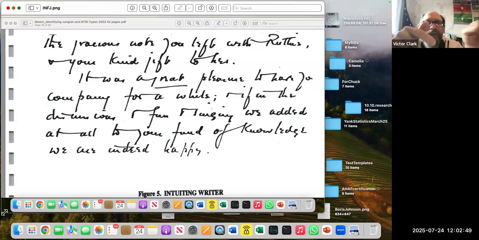This looks like an X, this is in the upper zone, that means intuition, and it's right leaning, so that means extroverted.